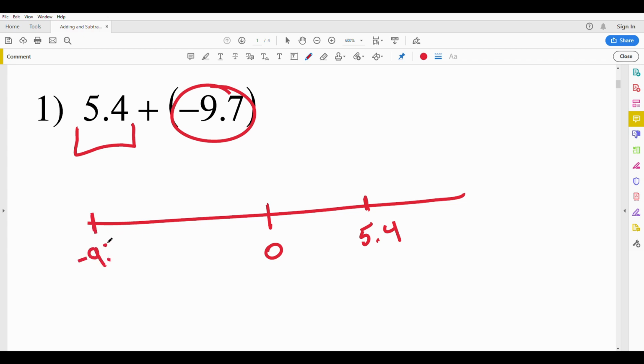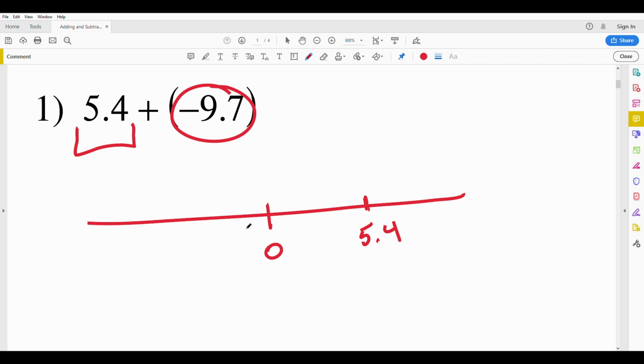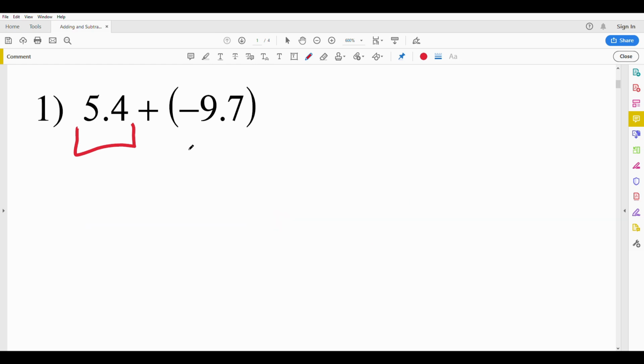So the distance is different. This distance is greater. Because the distance of that negative number is greater, we know that the result of adding these two is also going to be negative.